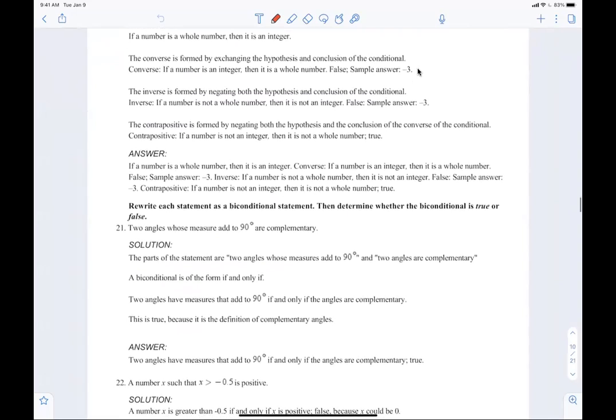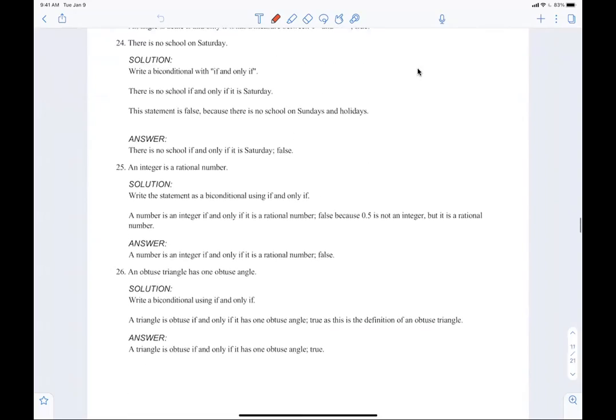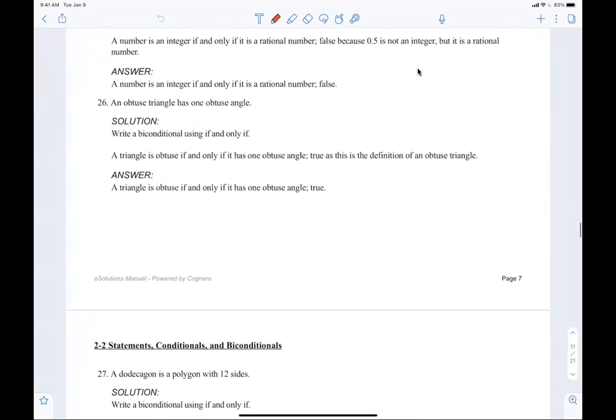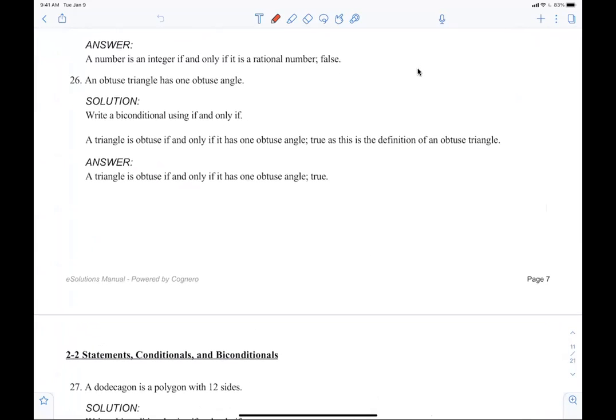Go to 26. All right, so everybody, let's look at 26 and see what that says. So now the conditional must be true and the what? For a biconditional. The converse, right? If the conditional and the converse are true, then you can write it as an if and only if.